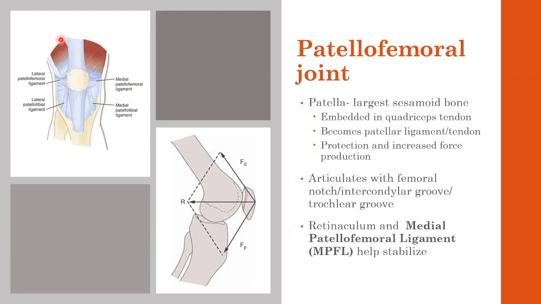You notice that each of our four quadriceps muscles attach on some aspect on the patella bone, and it increases the quadriceps muscle's advantage as it essentially extends the attachment point to the tibial tuberosity.